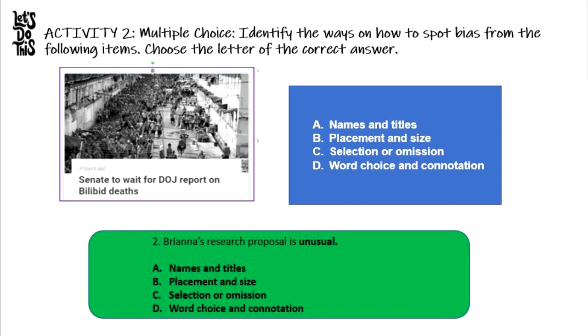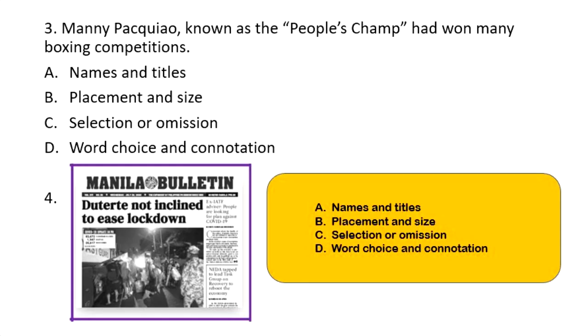And D. Word choice and connotation. Number 2. Brianna's research proposal is unusual. Is it A. Names and titles. B. Placement and size. C. Selection or omission. Or D. Word choice and connotation.